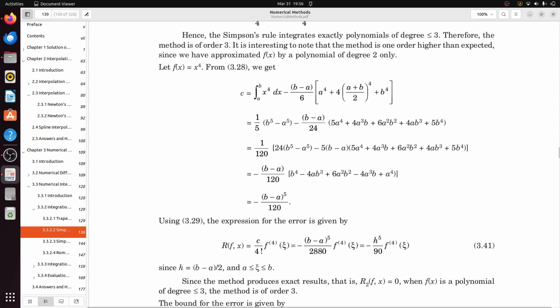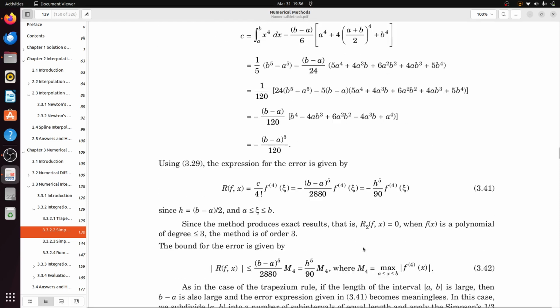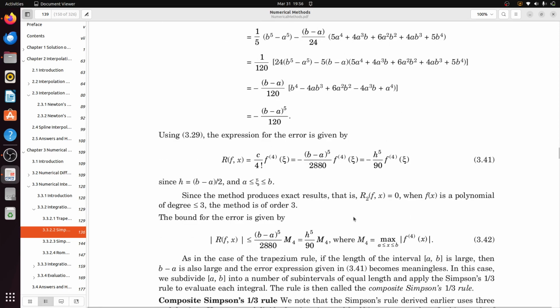That will be minus b minus a into h to the power 4 divided by 180 f4 xi. बस simply खत्म. So this method is of order 3.